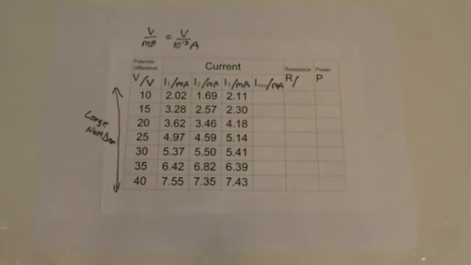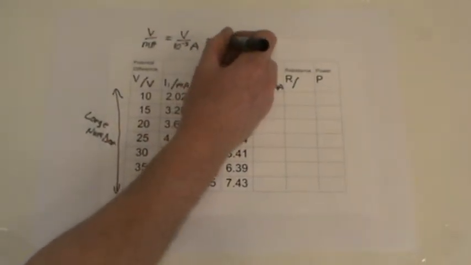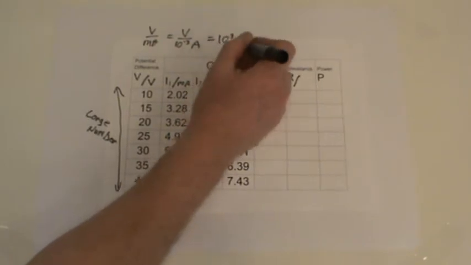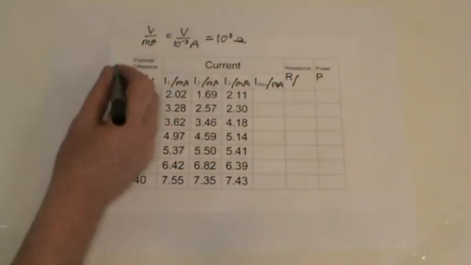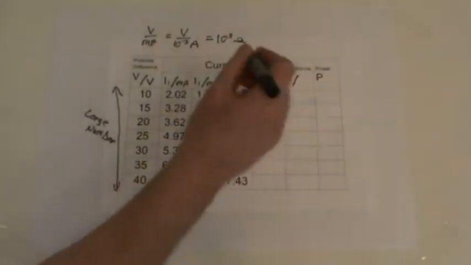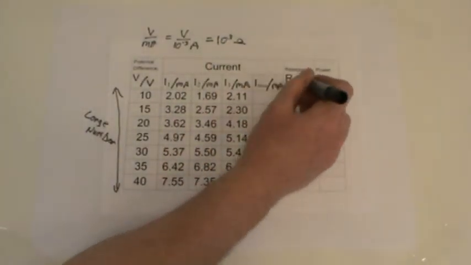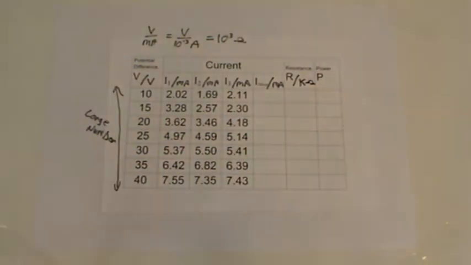Now if you put this into your calculator, 1 over 10 to the minus 3, you'll find is exactly the same as 10 to the 3. And we already know from our lessons that volts divided by amps is the ohm. So the unit that we're going to have for our resistance measurement there is 10 to the 3 ohms, or something that we would usually abbreviate to kilo ohms.